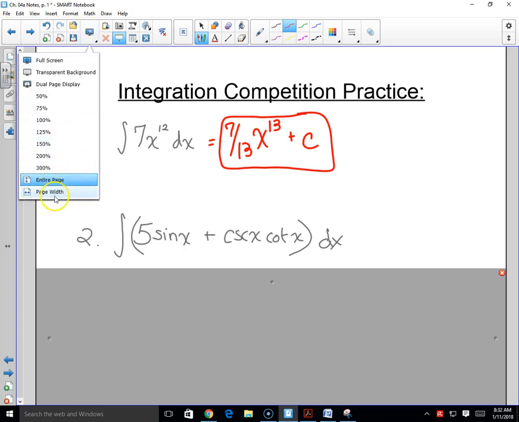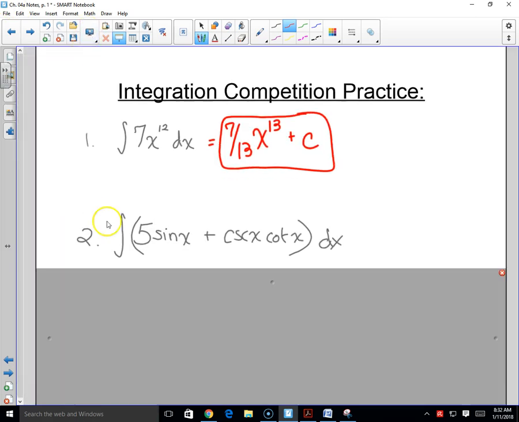Good question. Then Miss will tell us as soon as we get it wrong. Okay, but it is negative cosecant.